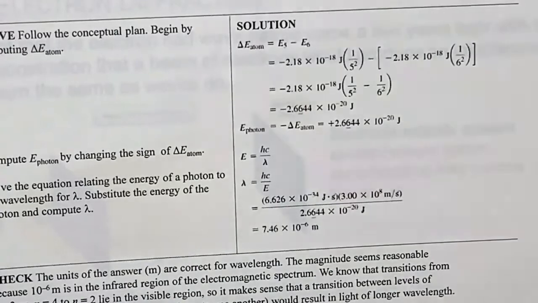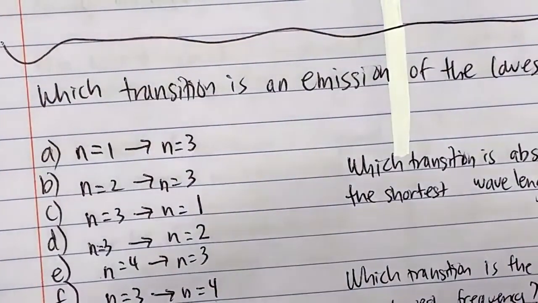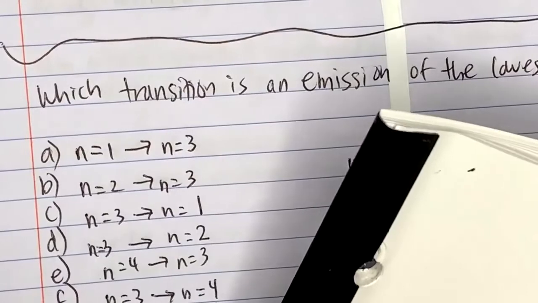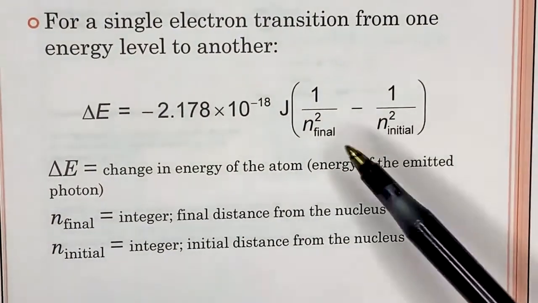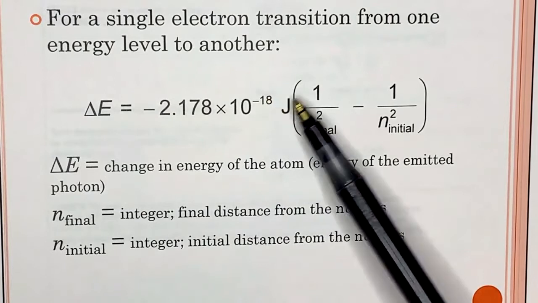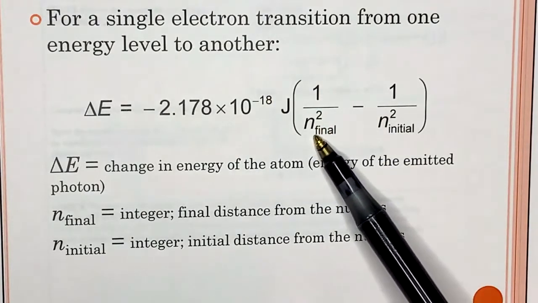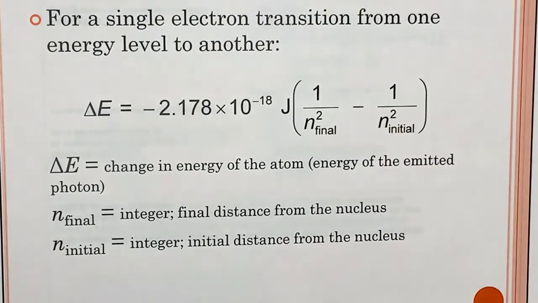So remember, all you do is plug it into that equation. I'll show you the equation again. It is negative 2.178 times 10 to the minus 18 joules, times 1 over n final squared minus 1 over n initial squared, okay?